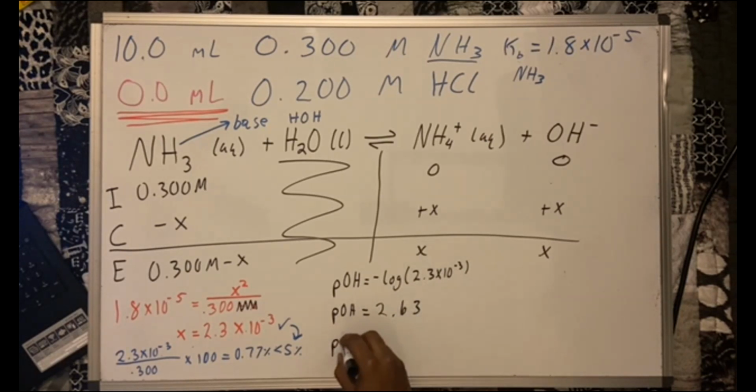And so my pH is just 14 minus that, which is going to be 11.37.